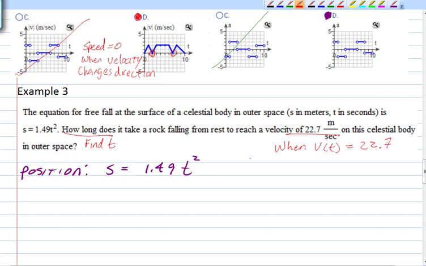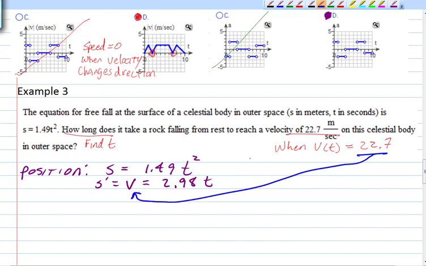Now, we said that the velocity is the derivative of the position, so we're going to take the derivative of this, and that is the velocity. What's the derivative of 1.49 t squared? 2.98 t, because you bring the 2 down and then you subtract 1. So we set this equal to, and we're plugging that in place of v, right?